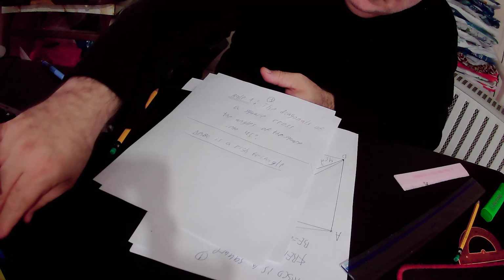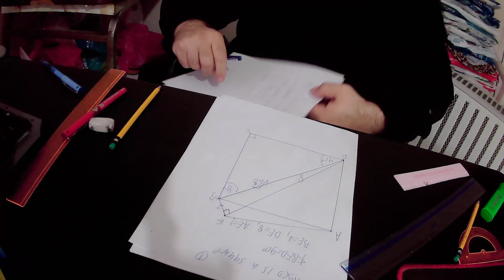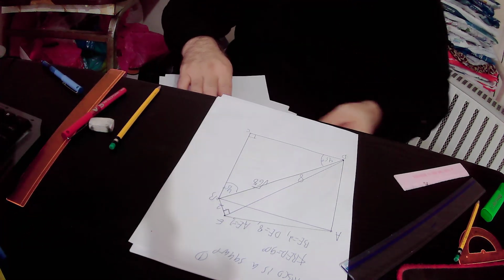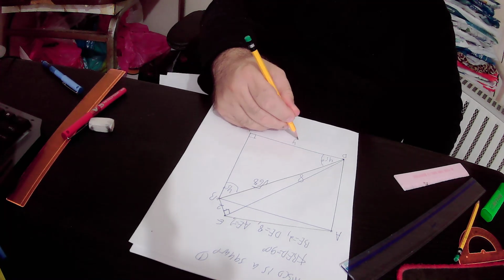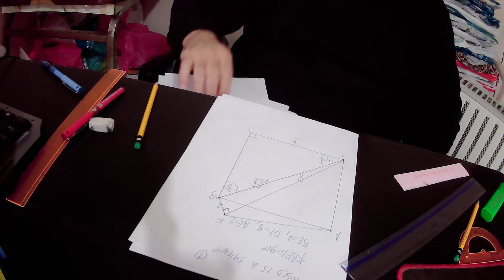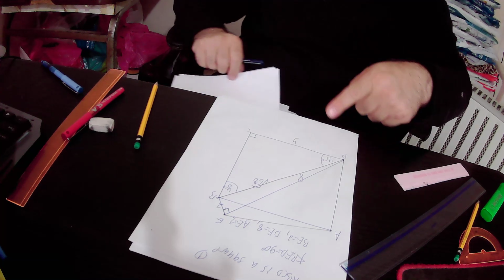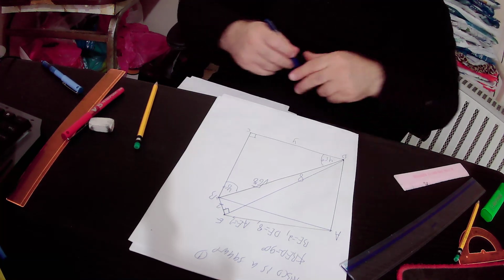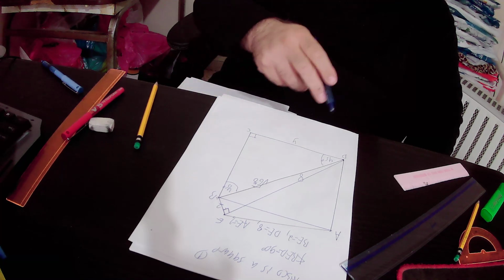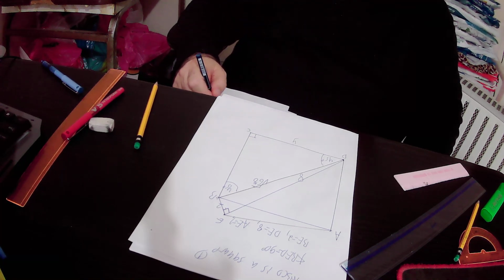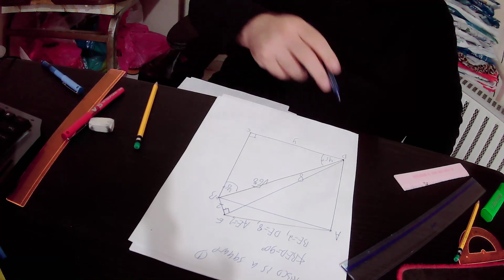Therefore, if we define DC as y, then in the right triangle BDC, cosine 45 degrees will be equal to y over DB.